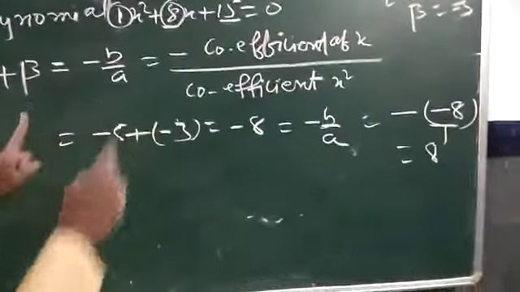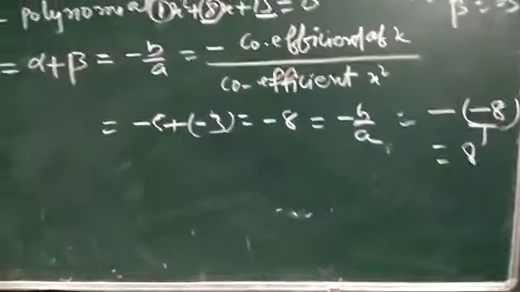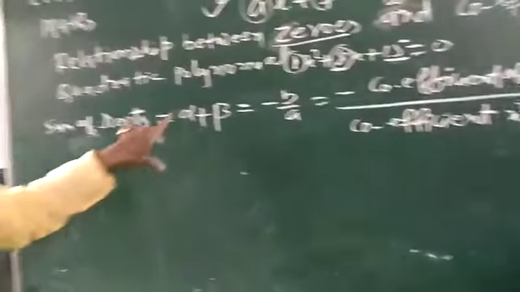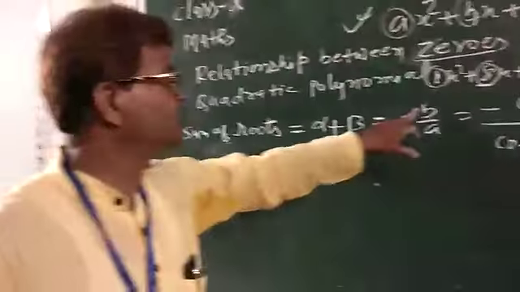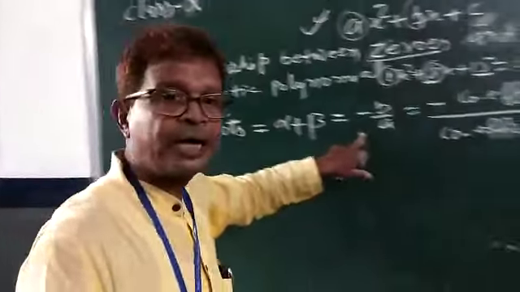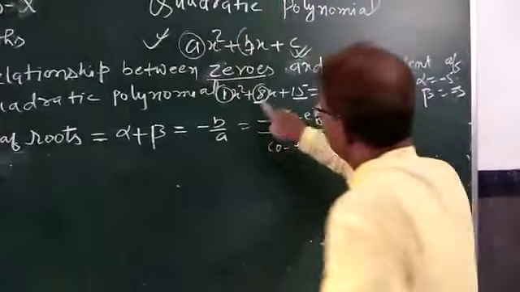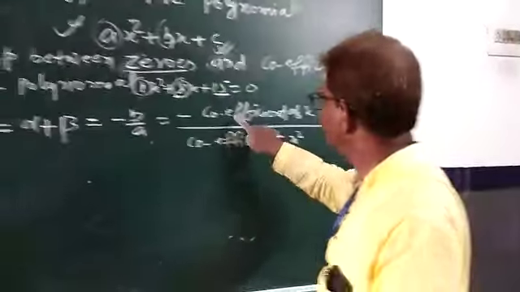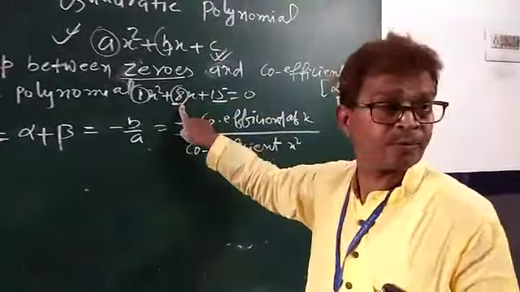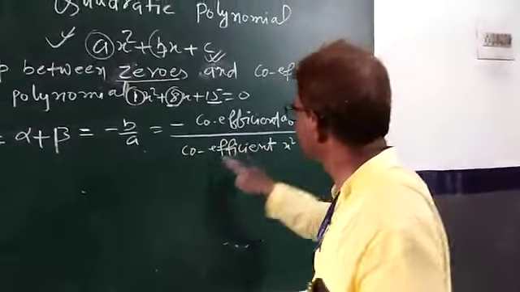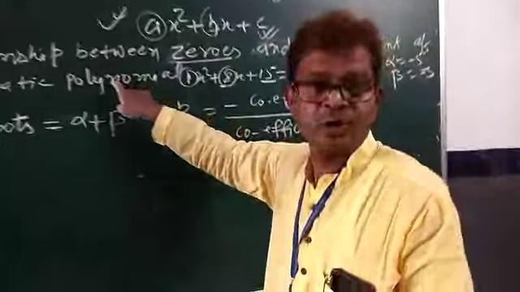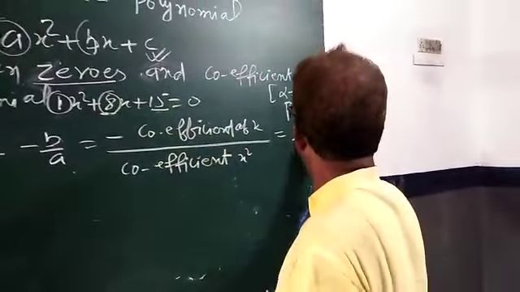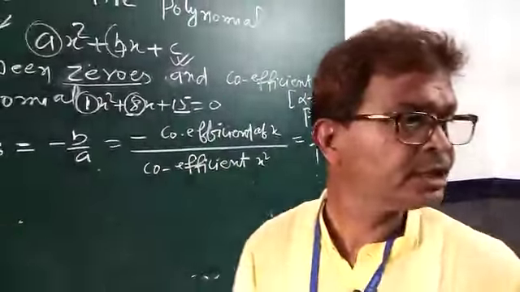The first condition is satisfied if alpha plus beta is equal to minus b by a. Minus b by a means if you put in the values of b and a, we get the coefficient of x, which is 8, and the coefficient of x square, which is 1. So this is 8 by 1, and the first condition is satisfied.